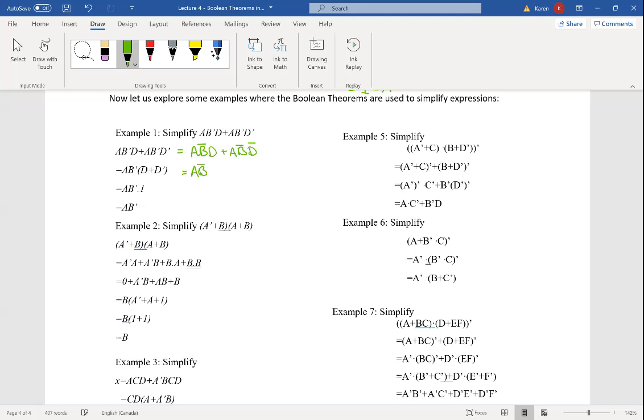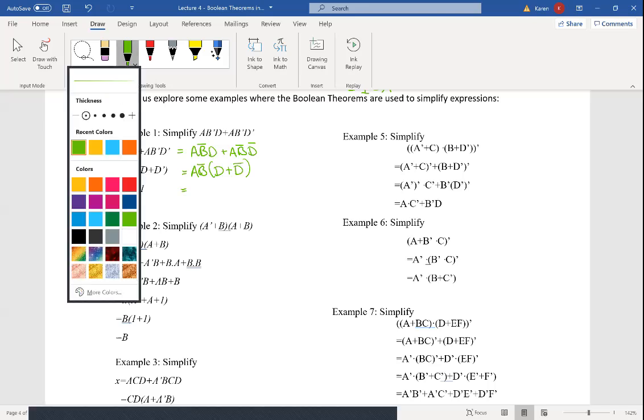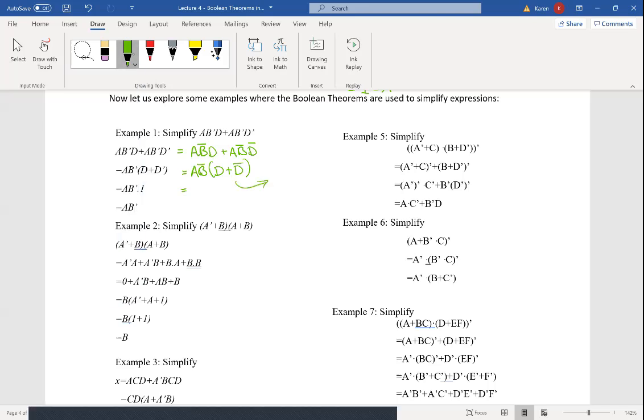I'm factoring D or D bar, but D or D bar, that is the same as saying X or X bar. So one of them is 1, one of them is 0. So therefore the answer must be 1 because if there's a 1 in there, the answer to an OR gate is 1.